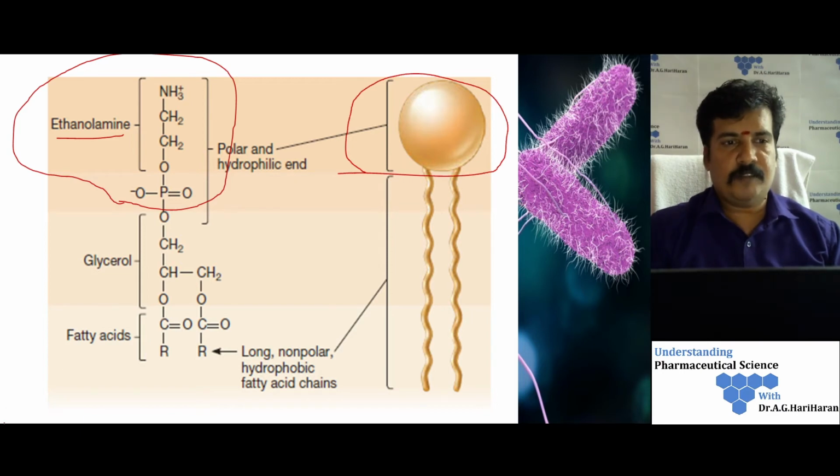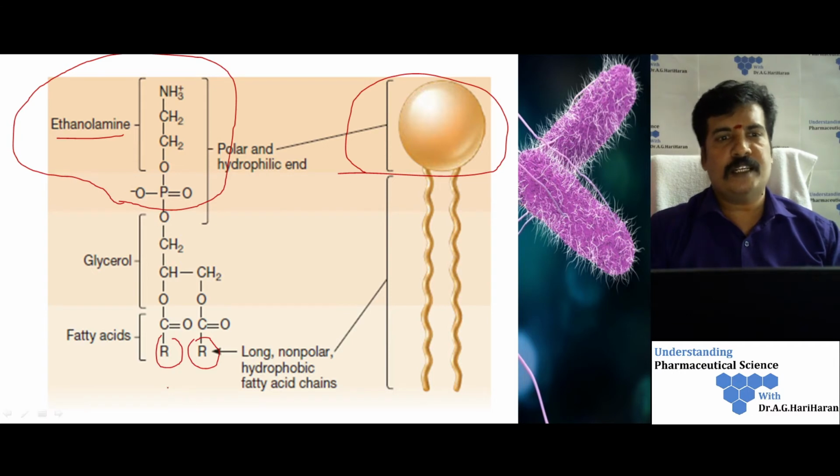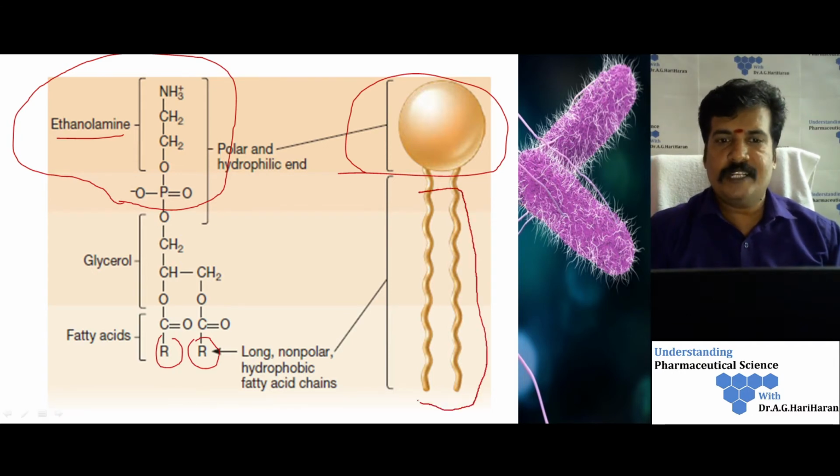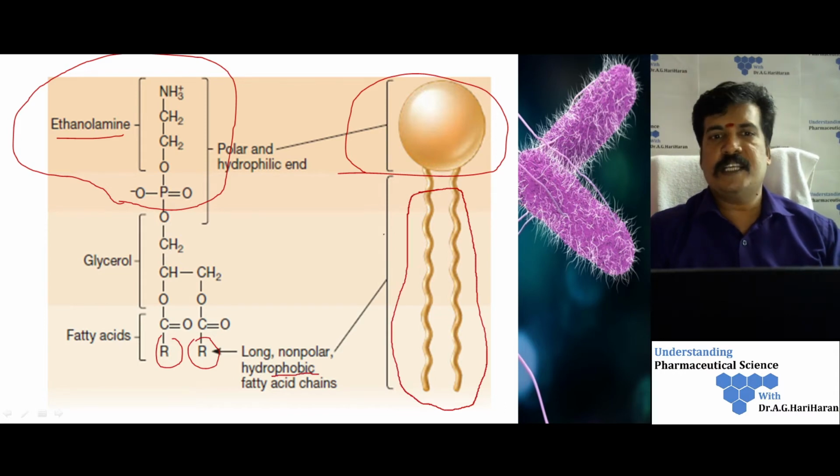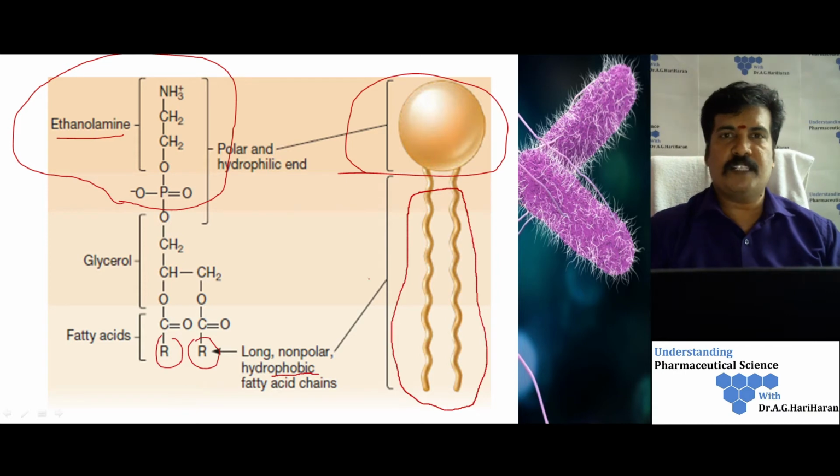The other part of the glycerol is connected with fatty acid groups, long-chain fatty acids, which may be palmitic acid, malonic acid or stearic acid. You can see the two tail-like portions. They are hydrophobic in nature because they don't like water; they repel water.